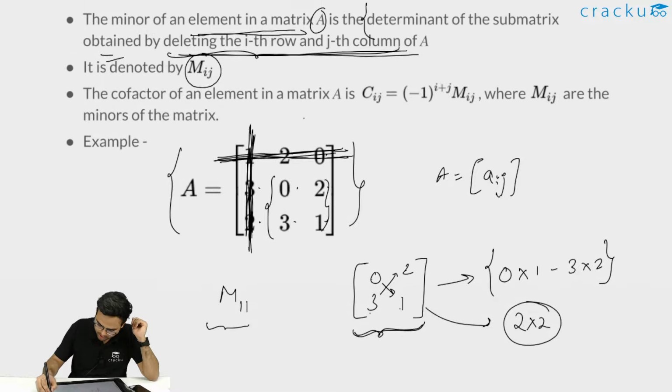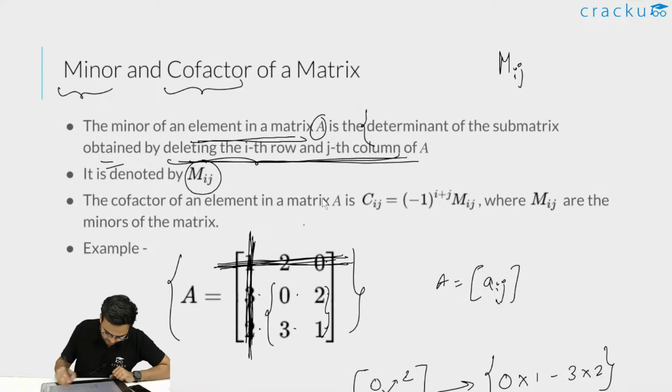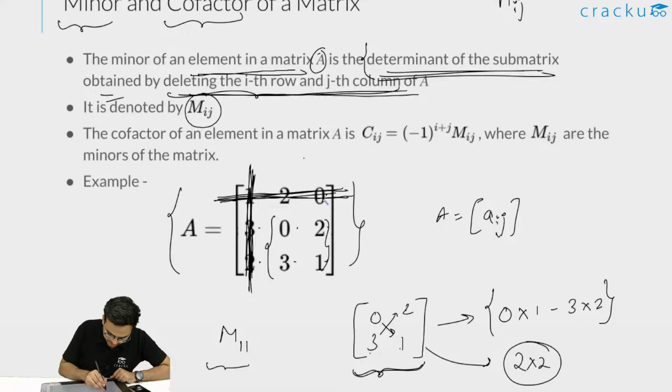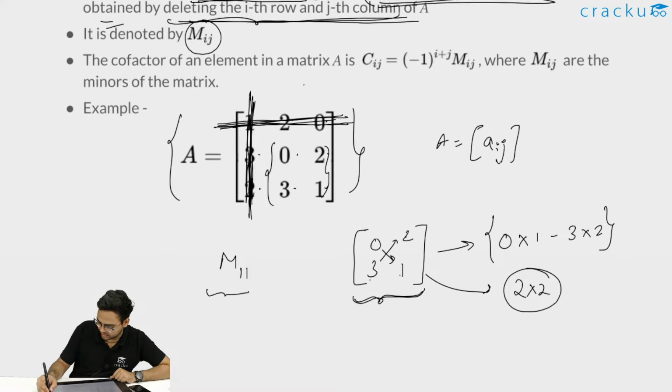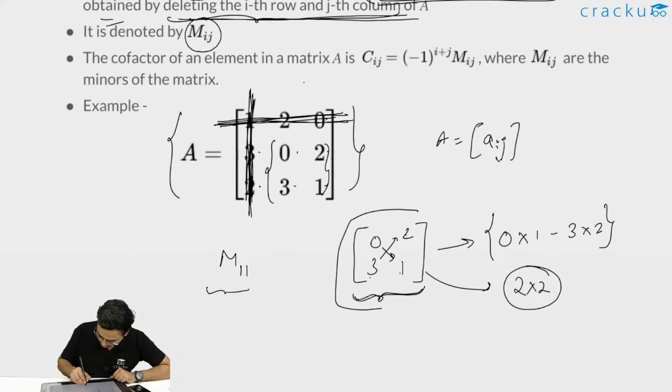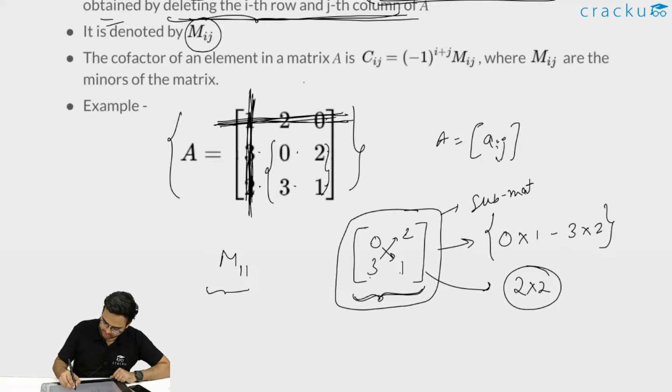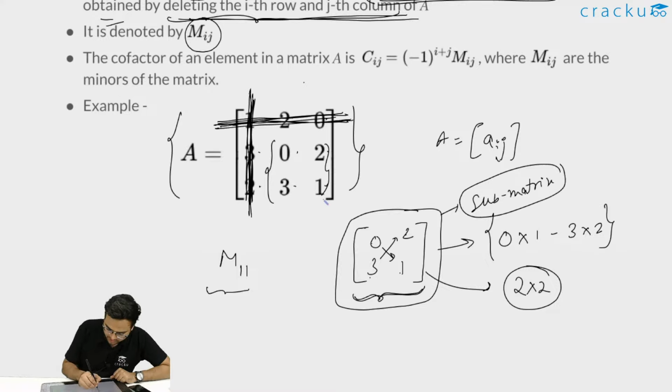And what does the minor definition say? The minor of an element in matrix A is the determinant of the submatrix obtained by deleting the ith row and jth column. So this is the submatrix which we got after removing the first row and first column.